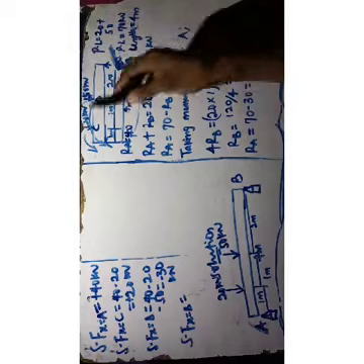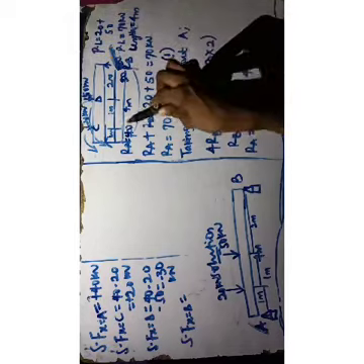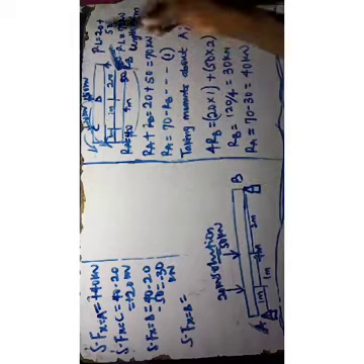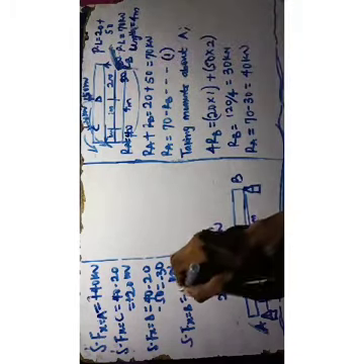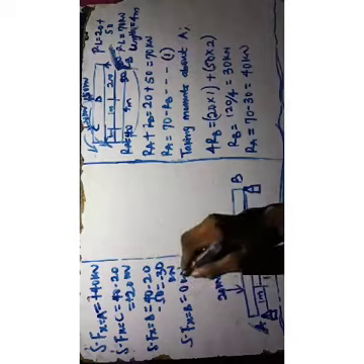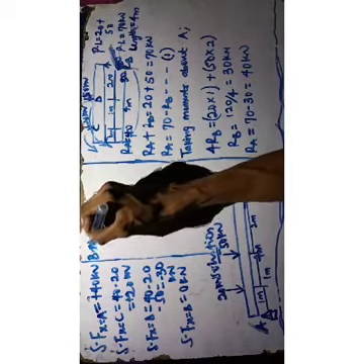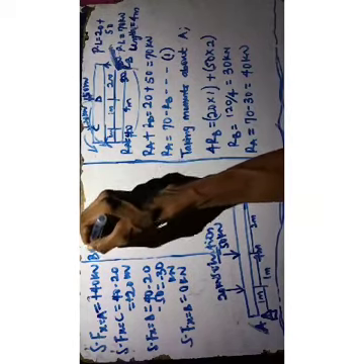And I told you it can also be equal to 0. That is when you do 40 minus 20 minus 50, that will be minus 30. Minus 30 plus 30, that will be equal to 0 kilonewton.